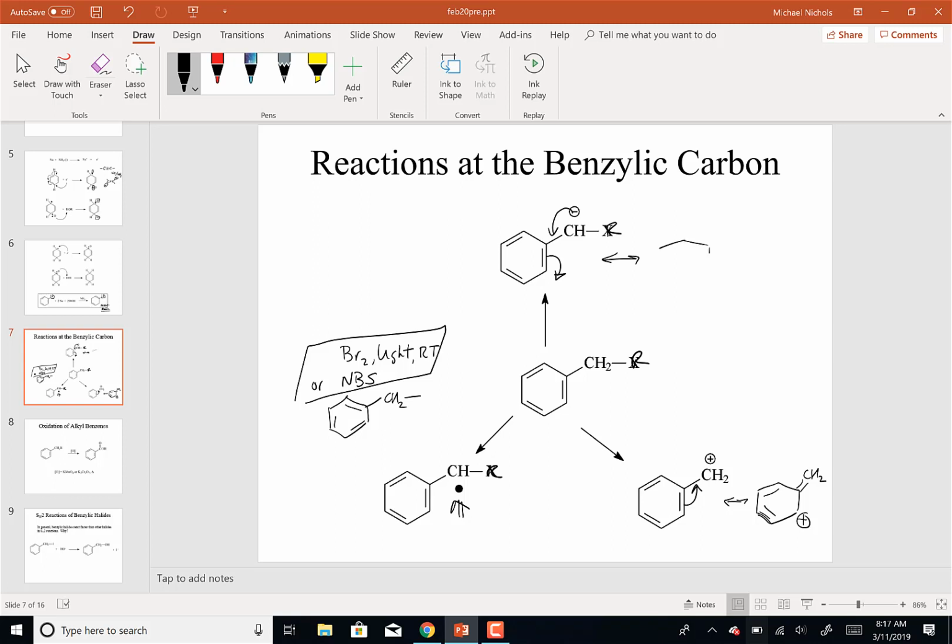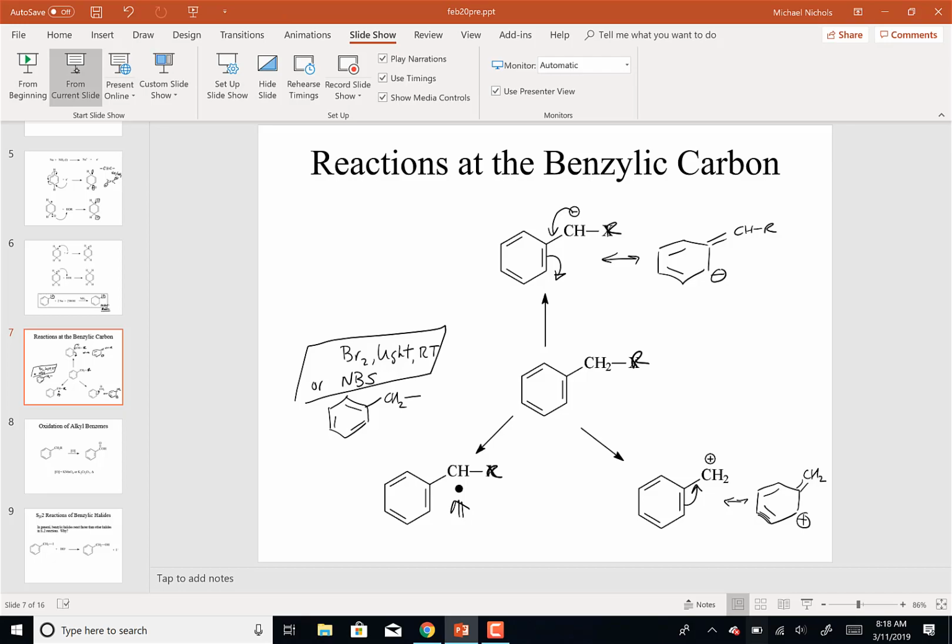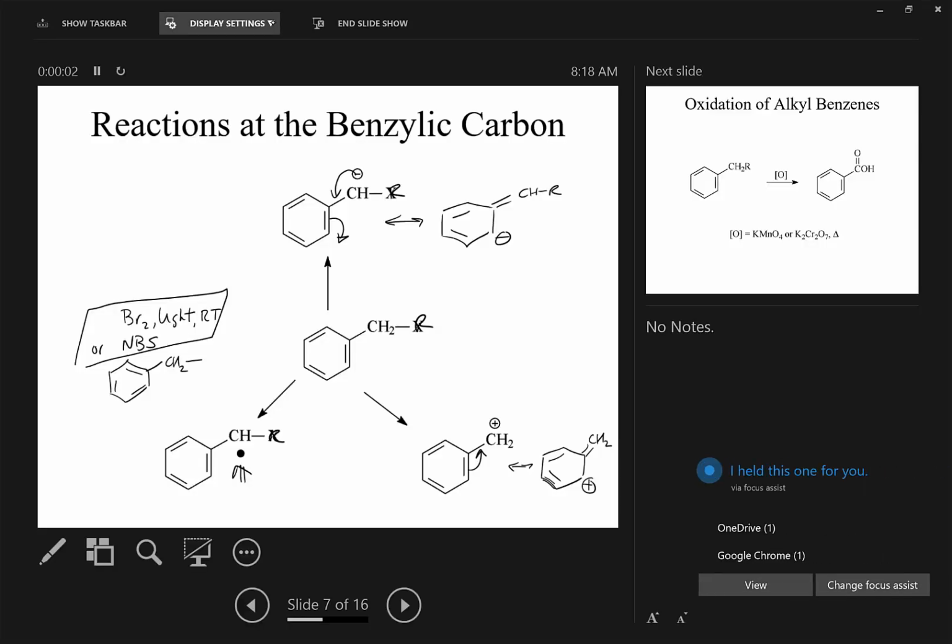So I can start my resonance structure, and that's the first resonance structure that I can draw. Just going to make this bigger.